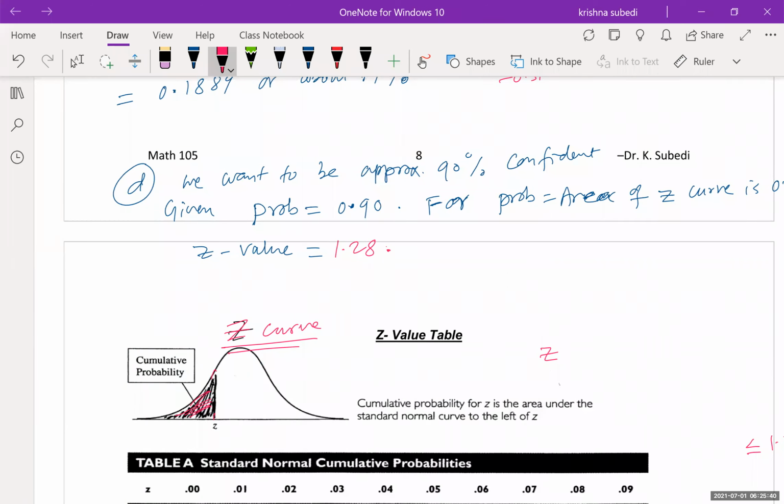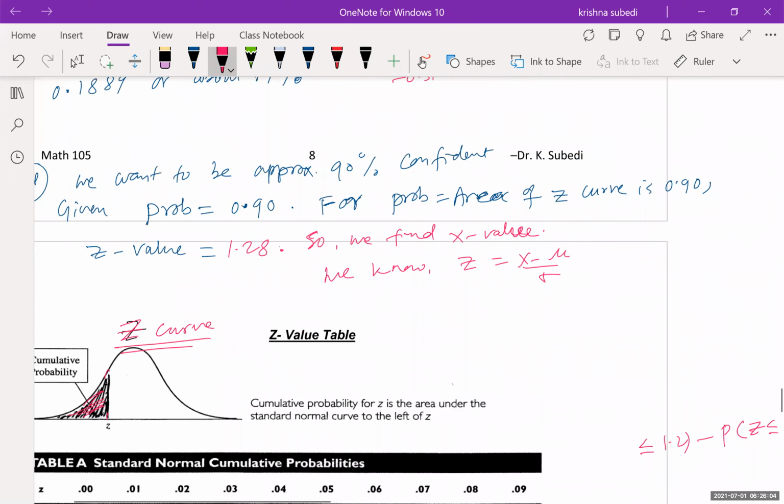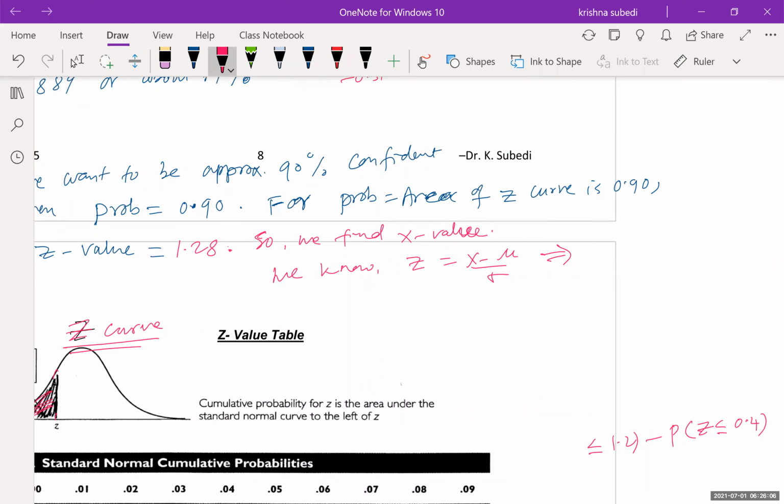We know the formula: Z equals X minus mu over standard deviation. Z is 1.28, X is what we want to find, mu is already given.